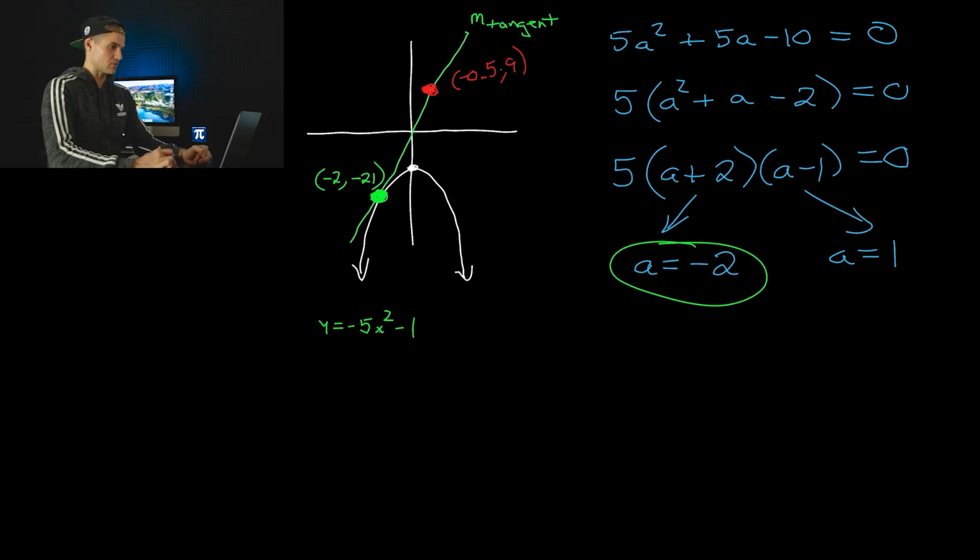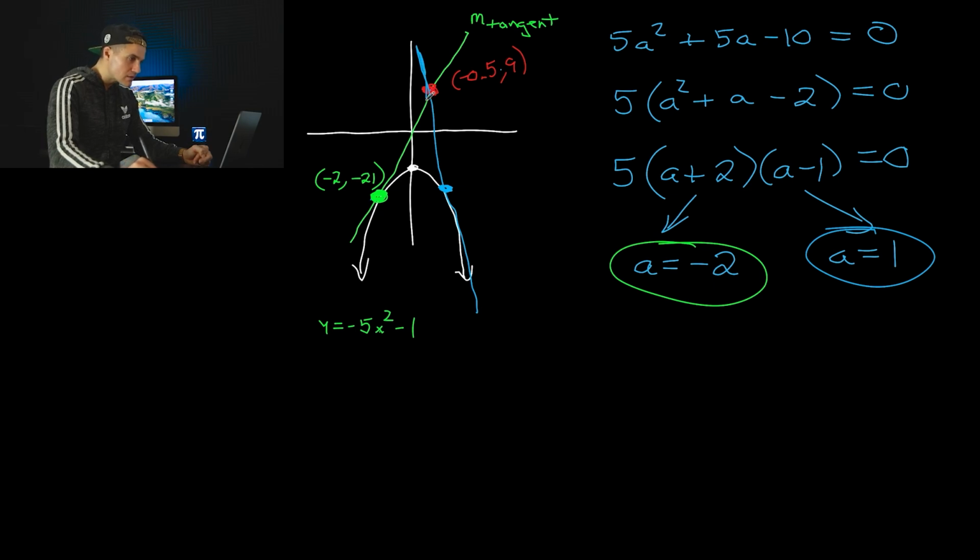Now what about this a value of 1? Well, notice the a value of 1, that's going to be like here. And so that's where that second tangent is going to come in. If I draw that tangent, just roughly, not as straight of a line, hopefully you get what's going on.